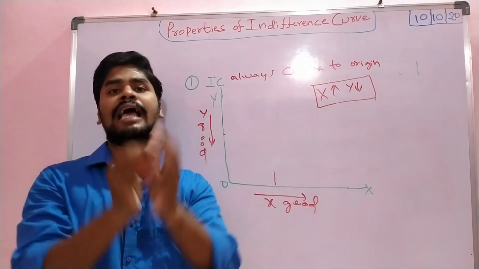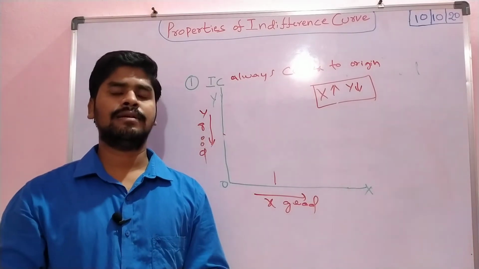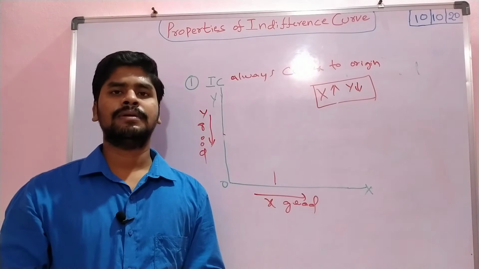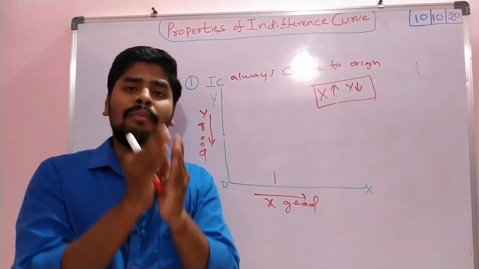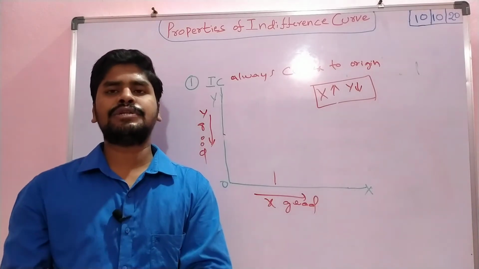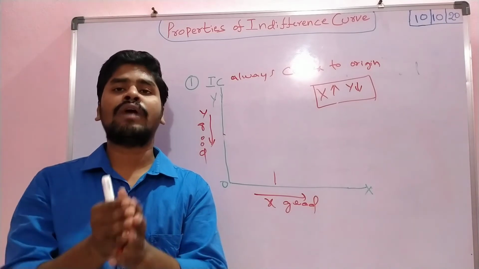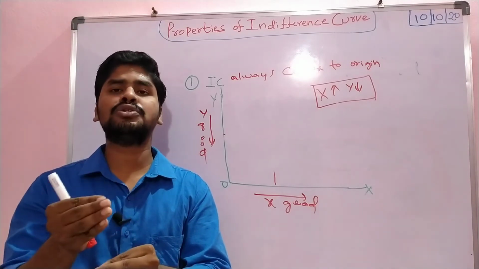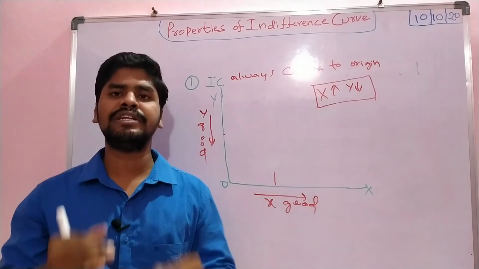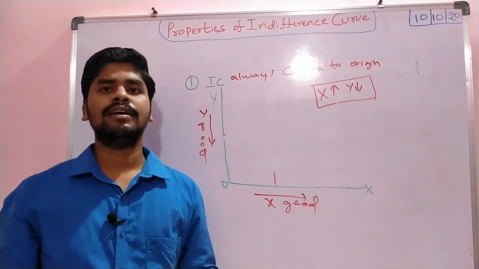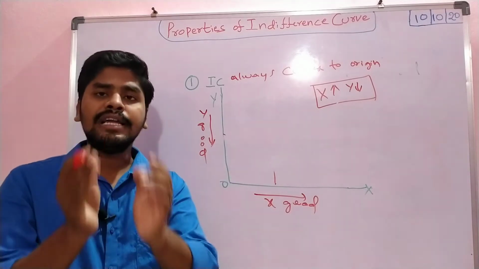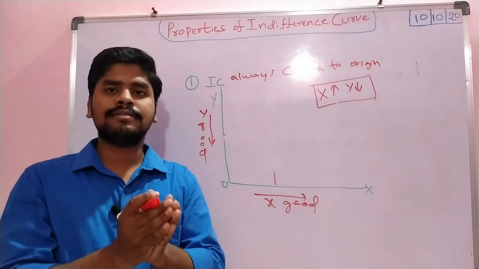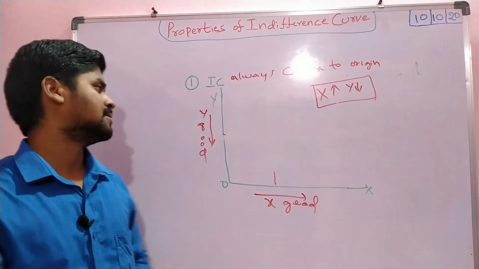What is the reason behind it? Because of the marginal rate of substitution of x and y goods, which is a continuously diminishing ratio. So that is the reason why the indifference curve is always convex to the origin.